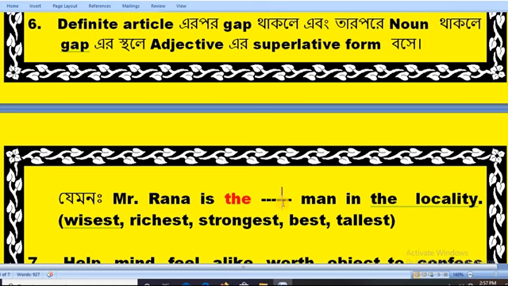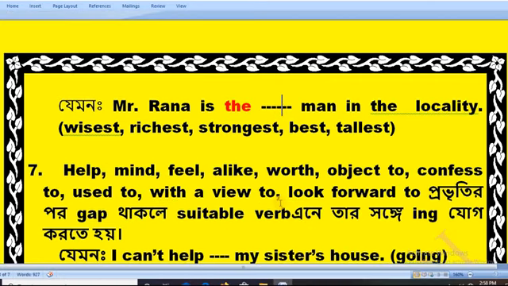Suppose Mr. Rana is the tallest man in the locality. Mr. Rana is the richest man in the locality. Mr. Rana is the strongest man in the locality. He is the best man in the locality. This type of answers will be the correct answer, right?